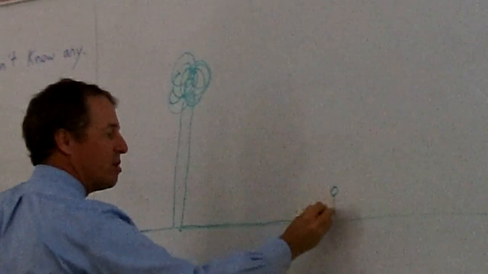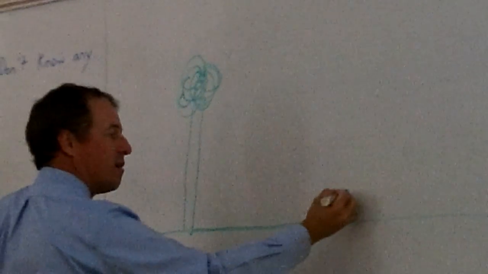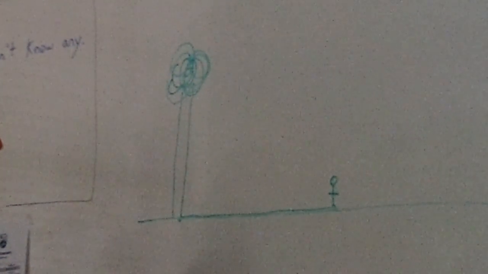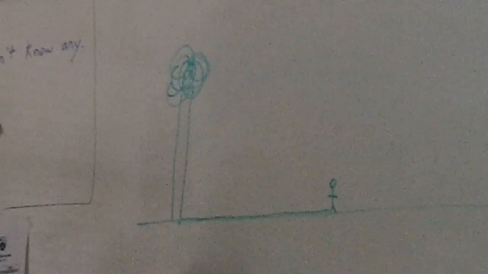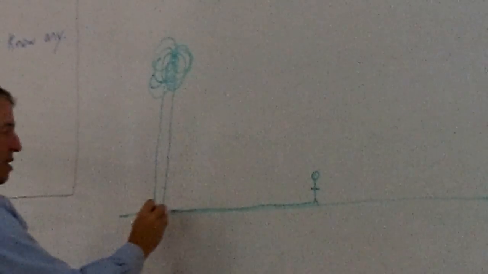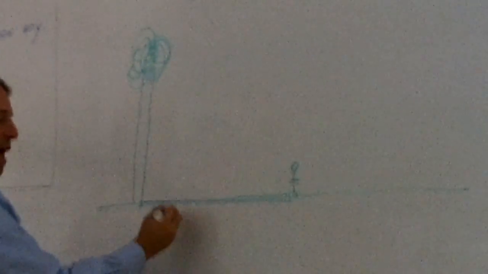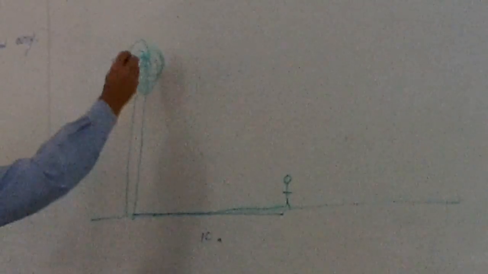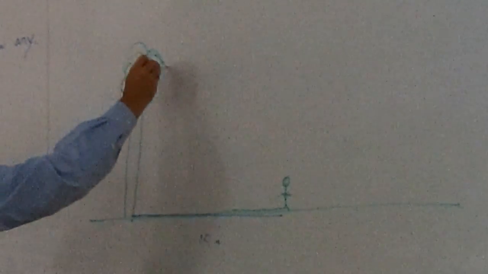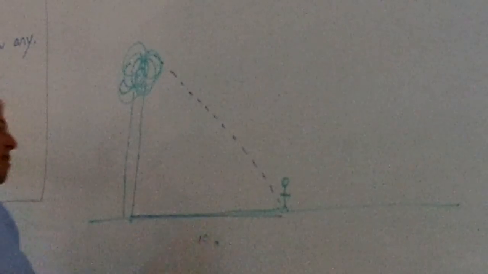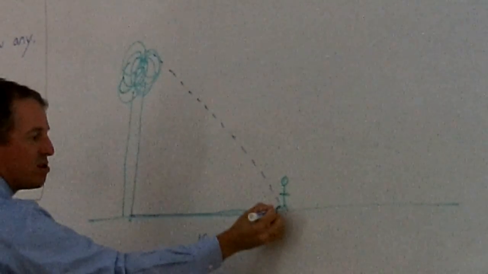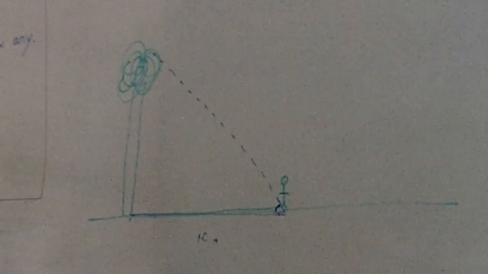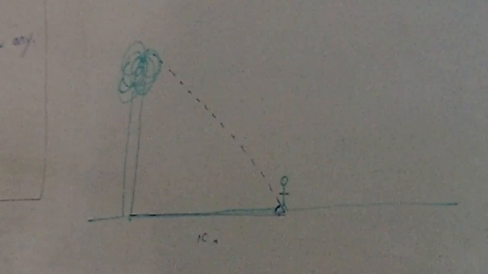And here's you standing here, smiling. And you know what this is. Let's say it's 10 meters. And then you're going to sight out this angle, you see. You've got to figure out that angle using a protractor. And it's not easy to do, but we'll figure it out.